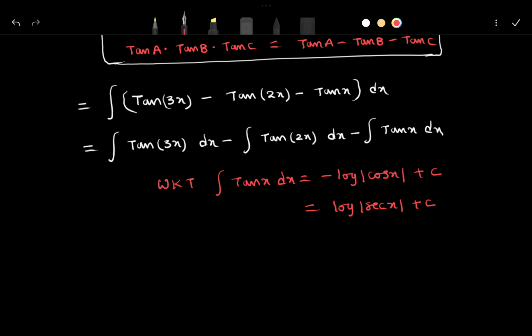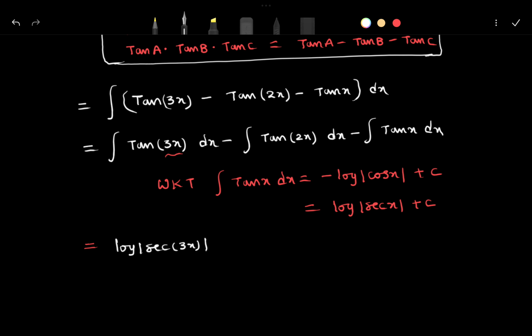Now here we have tan 3x, so in place of x we have 3x. As I told you in the above example, when we have any other expression instead of x, we assume it as x. So the integration of tan x is log of secant x, where x means 3x.